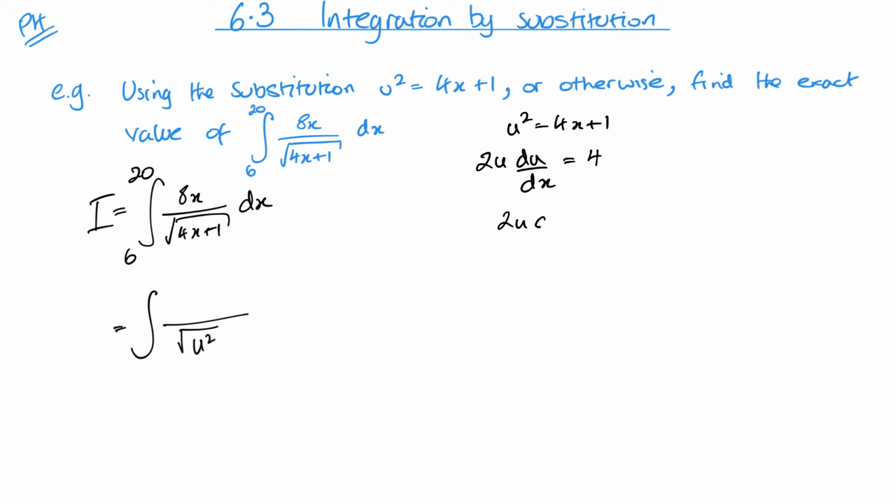So I get 2u du equals 4 dx. And that hasn't helped me out with the 8x, so now let's start with u squared equals 4x plus 1. U squared minus 1 equals 4x. So 8x is going to be double that, so 2u squared minus 2. Now I've got everything I need to substitute in. So I can replace the 8x with 2u squared minus 2.